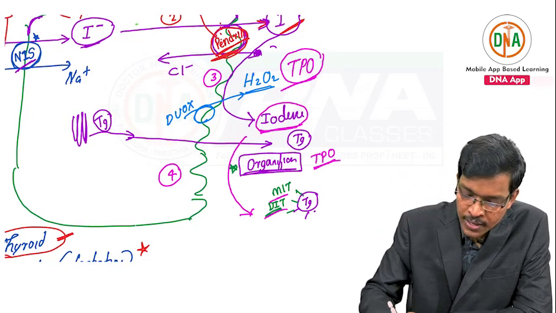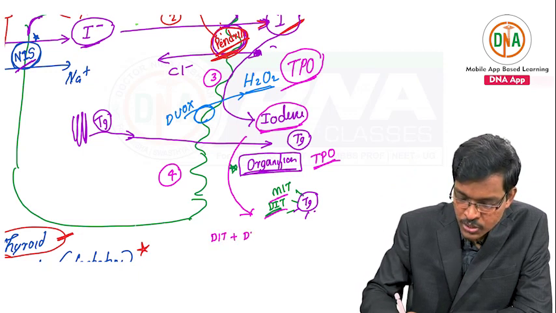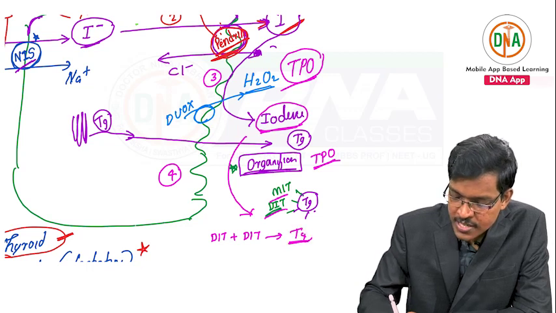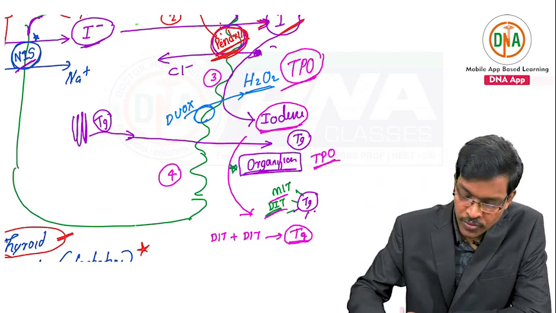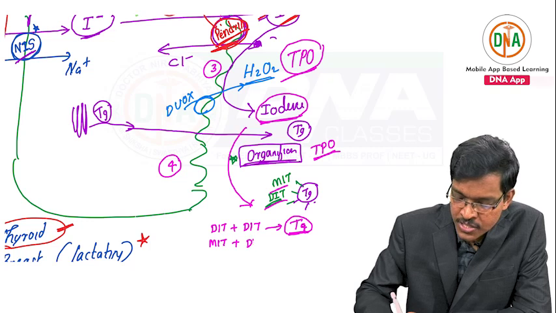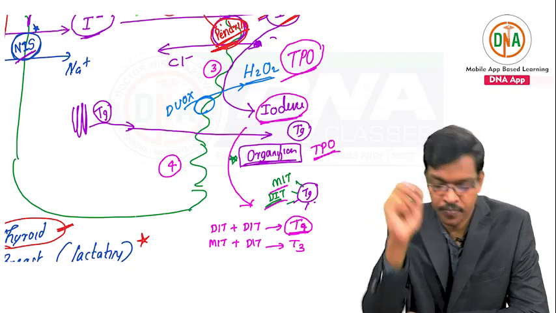Now, two molecules of diiodotyrosine will combine together, resulting in the formation of tetraiodothyronine or thyroxine, that is T4. One molecule of MIT combines with one molecule of DIT forming T3 or triiodothyronine.